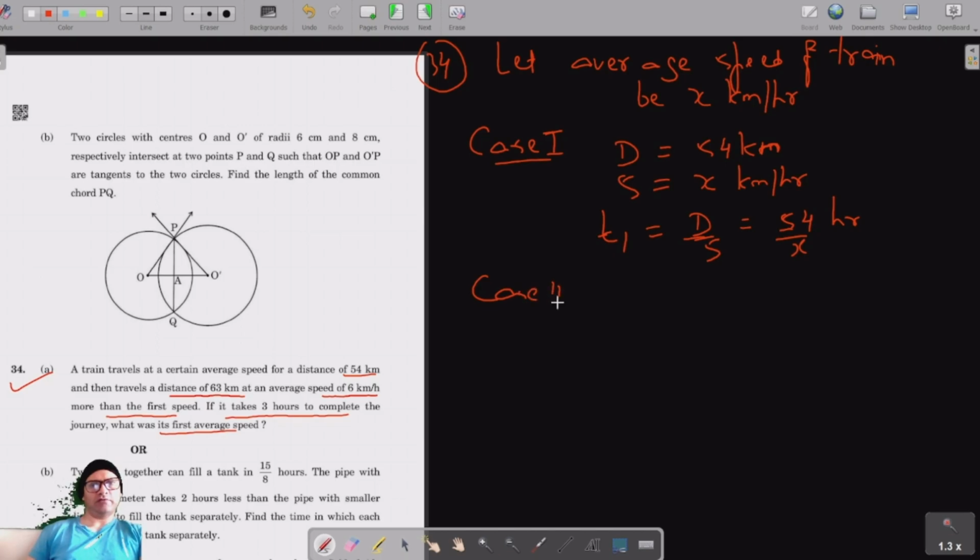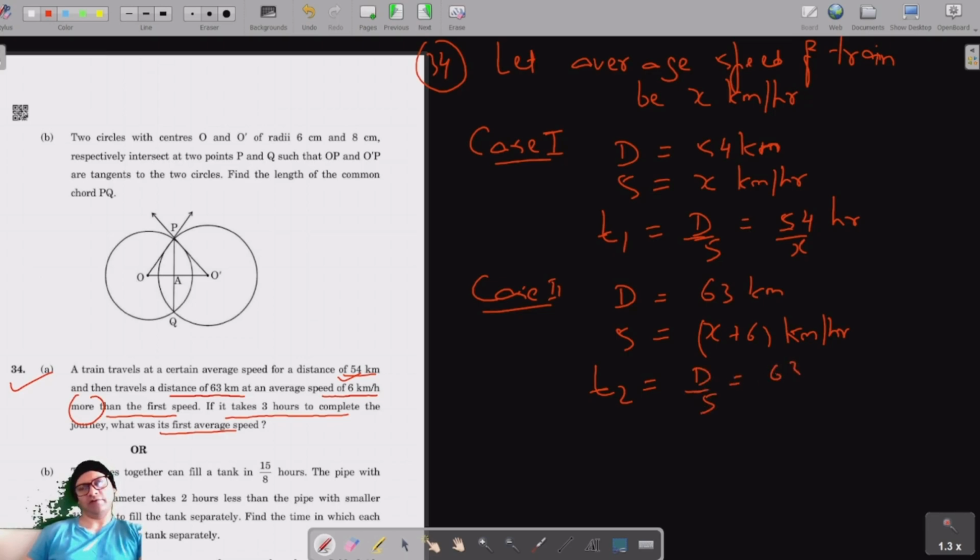Now, for case 2, the distance was 63 kilometer, and speed now is 6 kilometer per hour more, which is x plus 6 kilometer per hour. And the time, let's say t2, is again distance by speed, which is equal to 63 upon x plus 6 hour.